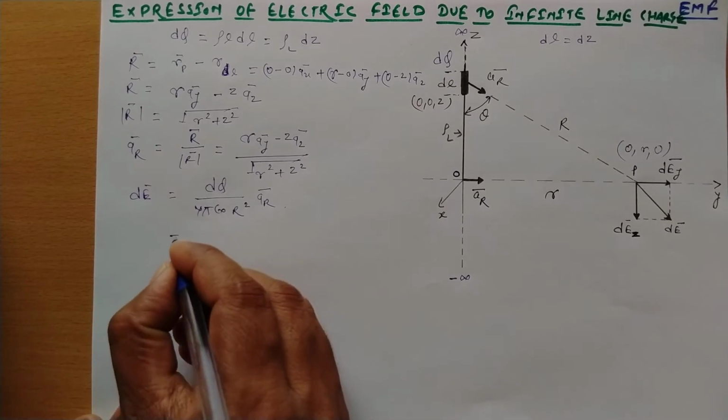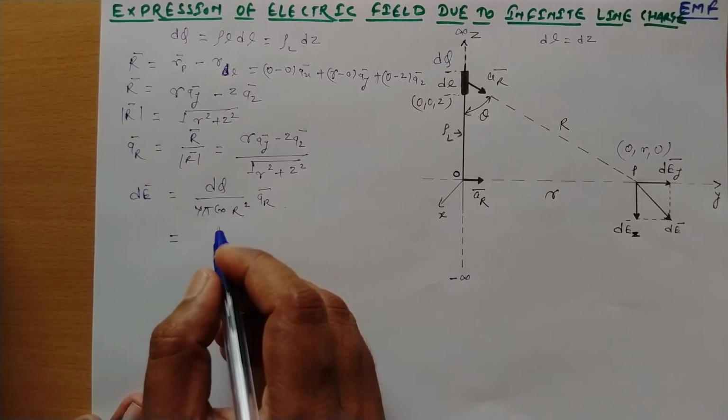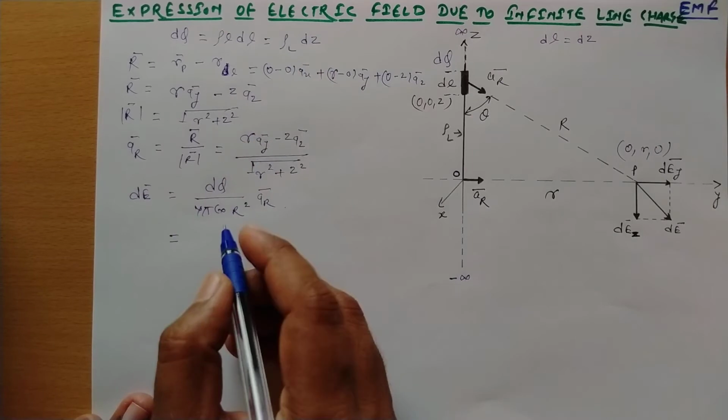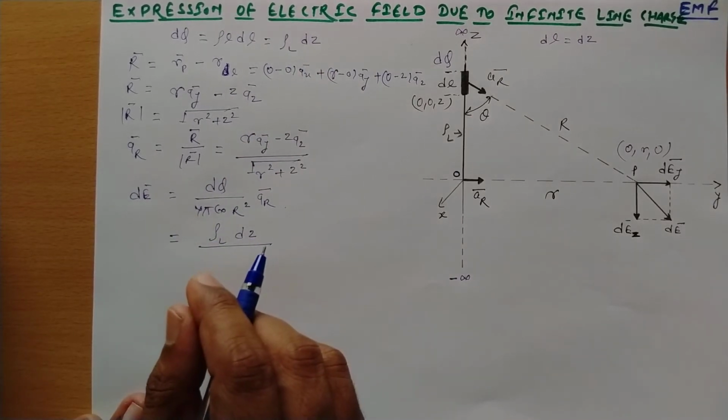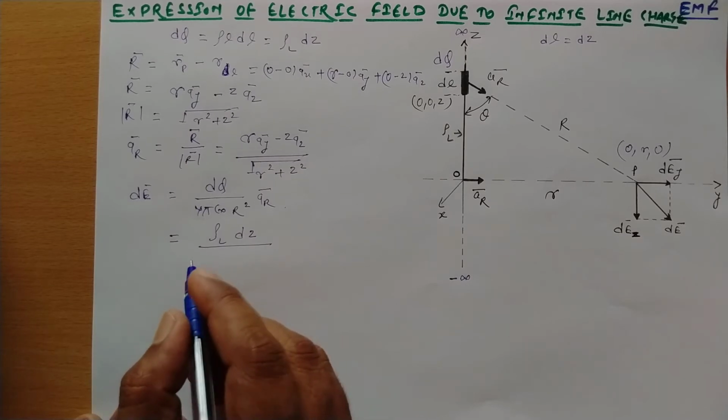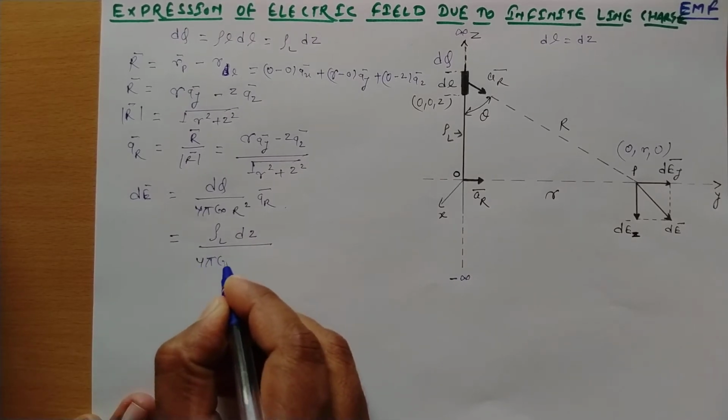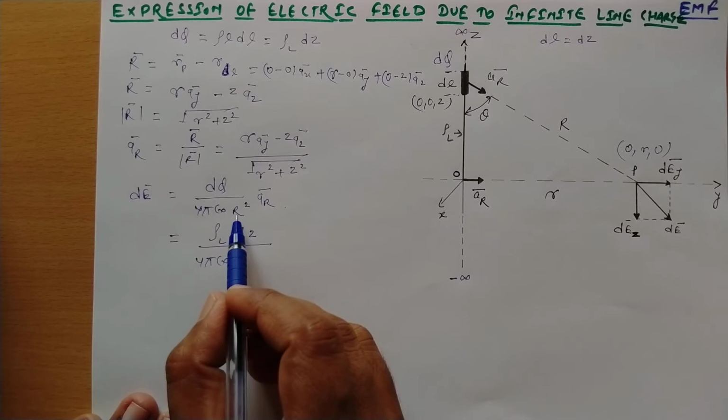And also we can write this dq; we know this is rho l dz, so we write it as rho l dz upon 4 pi epsilon naught, r squared.